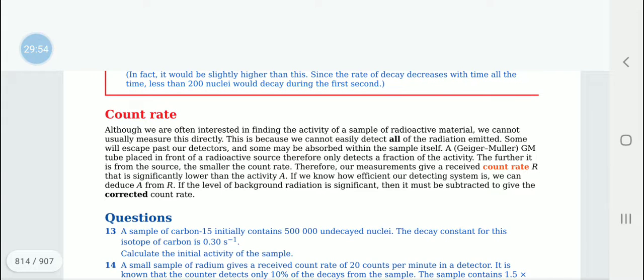Leave a line and write: the rate of decay, when being observed using a detector, only a fraction of the radiation would be detected by it, because some will escape past our detectors and some will be absorbed by the sample itself.